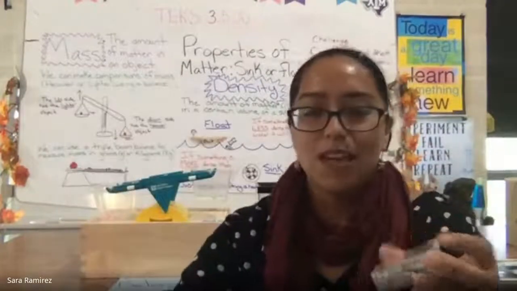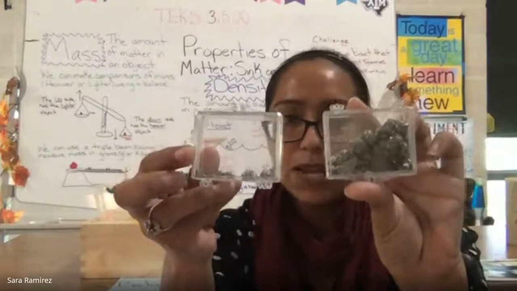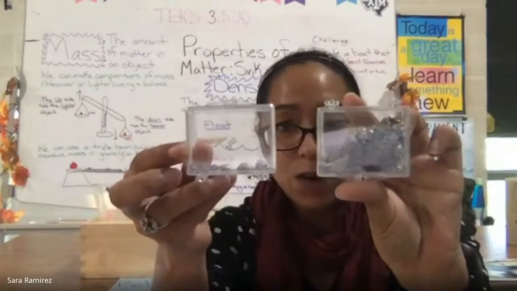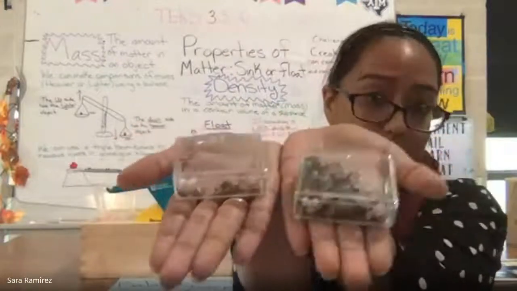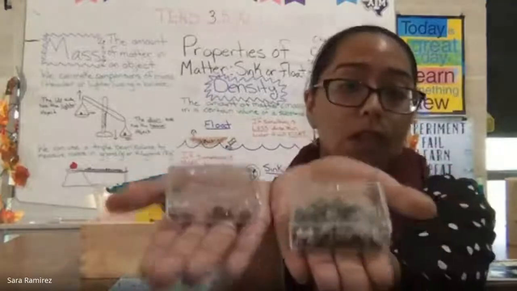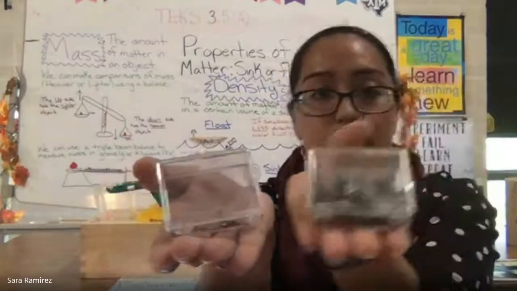Now, I know that's a lot of vocabulary words to remember, so just to give you a visual of what all these words mean, we have our 2 boxes of iron pyrite. Go ahead and make some comparisons between these two. Compare their mass, their volume, and their density. So I can tell by holding them that this box has more mass. It feels heavier. I can also see by looking at them that this box is more dense.